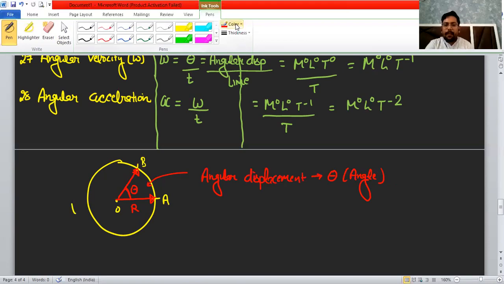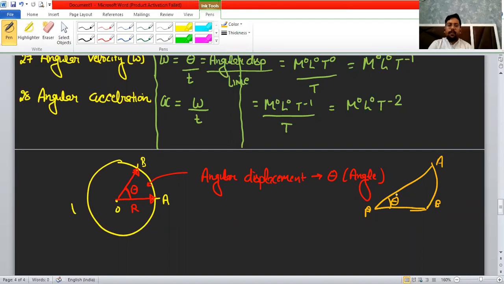Basically, we say angle is formed by an arc. Let us put an arc here, AB. This arc is subtending some angle at point P. This is called simply an angle. But in angular displacement, this is the angle formed between the initial position vector and the final position vector.